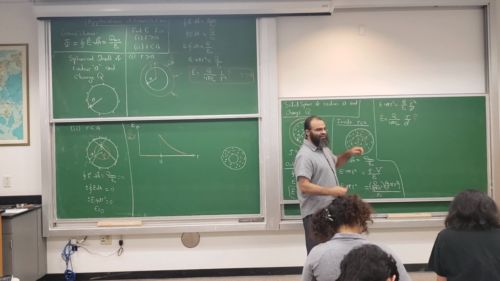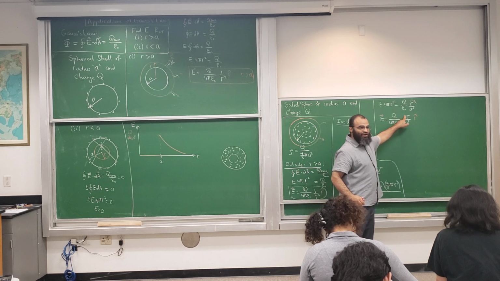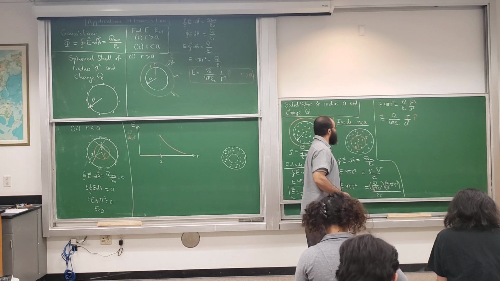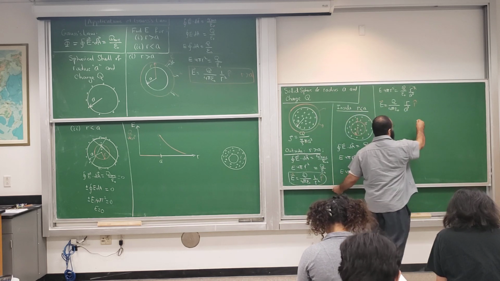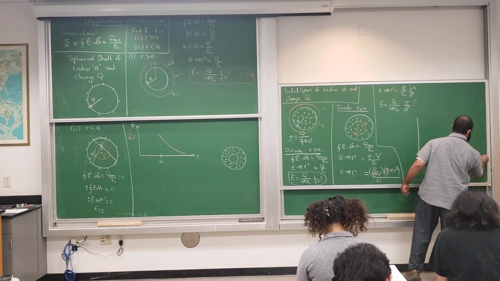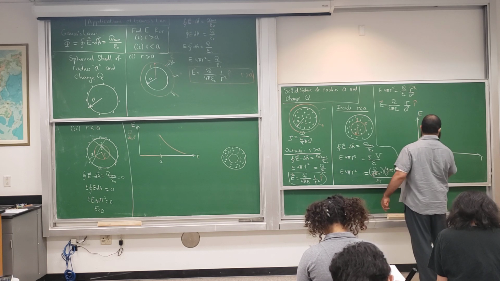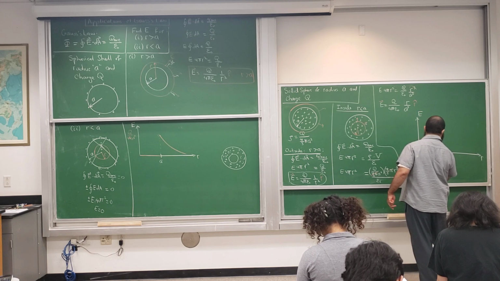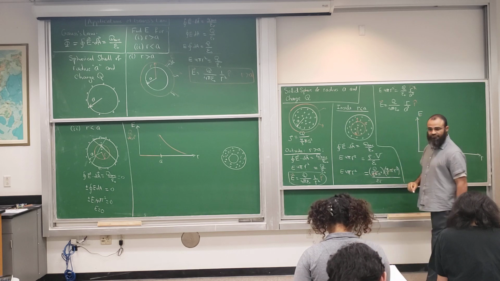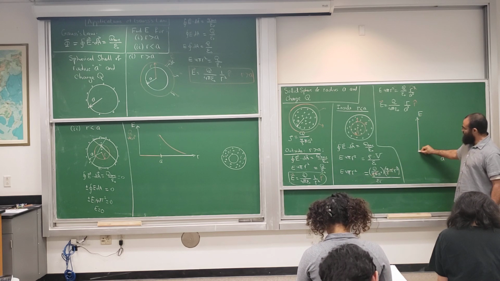I remember someone asked, how does it grow linearly with R. So let's plot that. Here's R. Here is the field. Here is A. What's the field at R equal to 0?